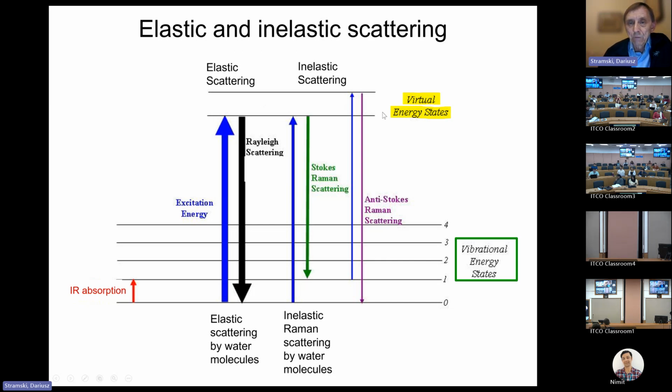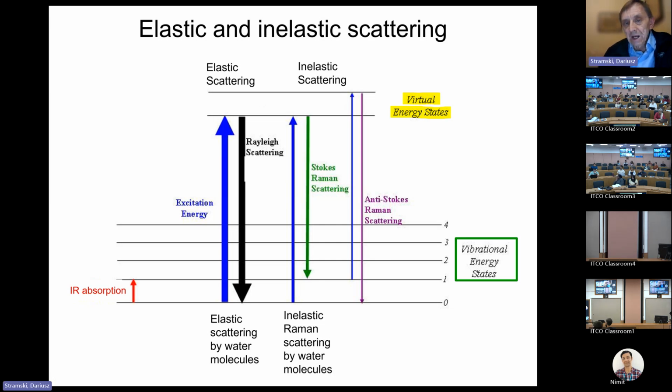It's just meant for illustrative purposes to show some virtual energy states, just to make the graphical representation of these arrows simpler, to explain what happens when we have, for example, a blue photon incident upon the system of two charges, and the blue photon is being scattered, and the atom still remains in exactly the same internal energy state. So it is within the same electronic state and the same vibrational state.